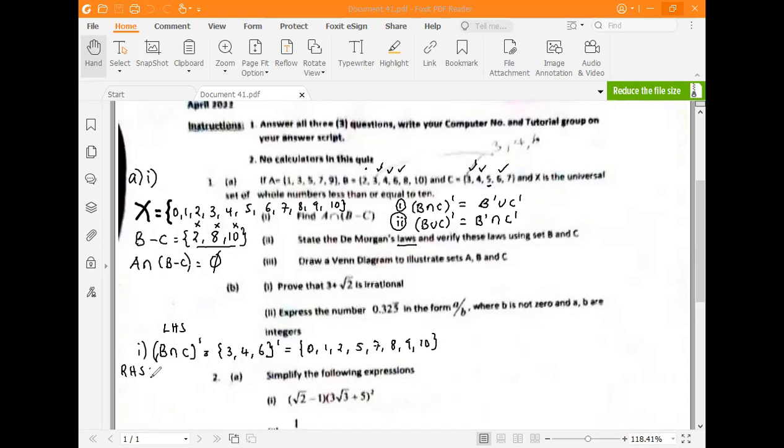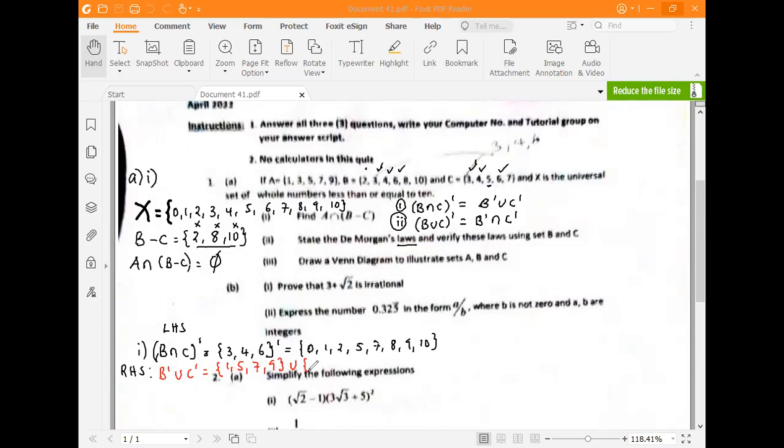Now we want B complement union C complement. Let's get B complement, all the elements that are not in B: 0, 1, 5, 7, 9. Union C complement.